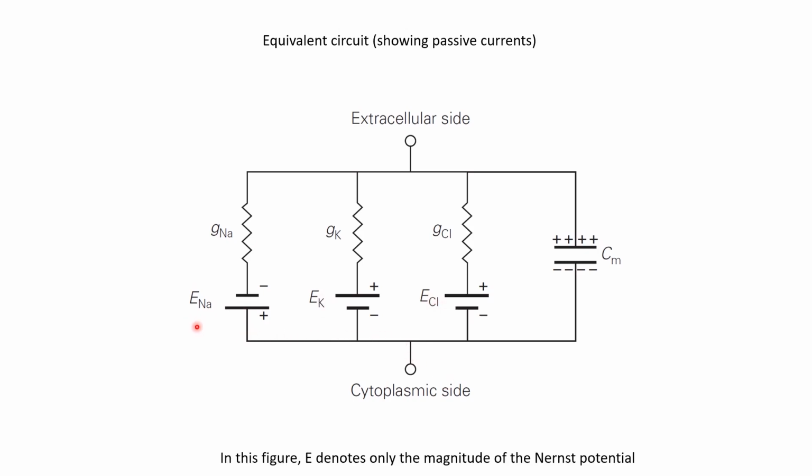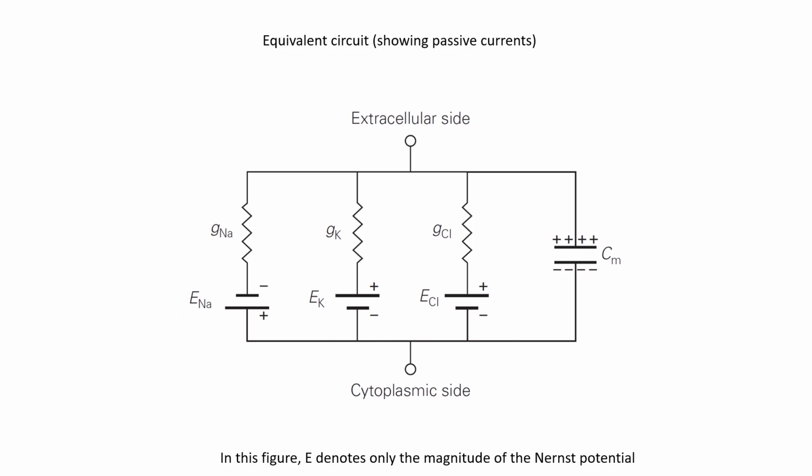But if we consider ENa, EK and ECl values with their corresponding sign, then ideally we should be showing all of these in the same direction. In all of those cases we should show the positive terminal inside and the negative terminal outside, with the understanding that the value of E includes a sign. But in this figure we have taken the sign out and only left the magnitude to be denoted by these E values.